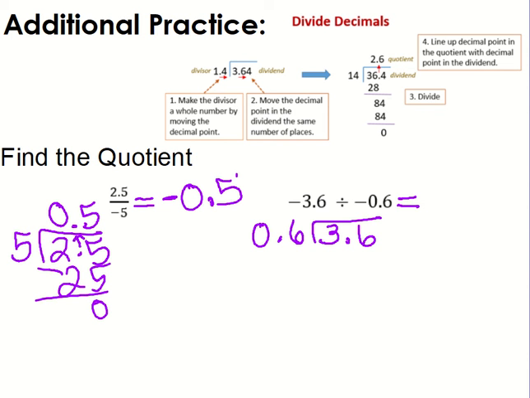Remember from our example, I have to move my decimal so that my divisor is a whole number. So I'm going to move it once to get 6. And if I do it to my divisor, I have to do it to the dividend. So we get 36. And then 6 into 36 is 6. And since I've already taken care of my integer rules, it's just positive 6.